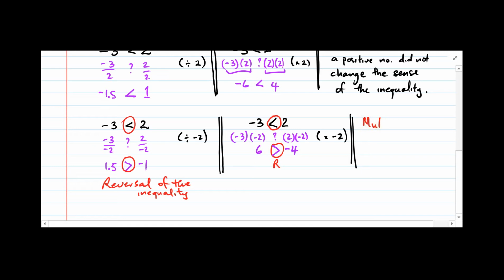So multiplication/division using a negative number reverses the inequality.